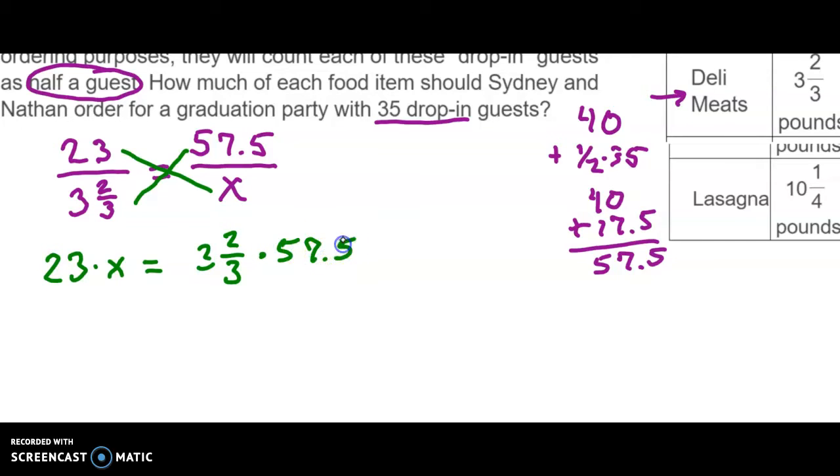Now it's kind of yucky to have one as a fraction and one as a decimal, so we could turn this into a decimal in our calculator. I know that 2/3 is 0.666 repeating, so I'm going to round that to 3.667.